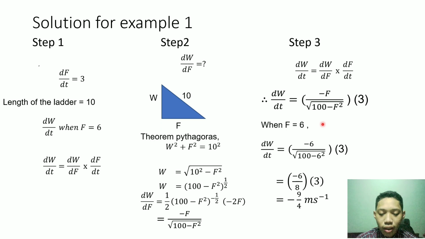So change the f to 6. The final value we get for dw over dt is negative 9/4 m/s. So that's all for me.